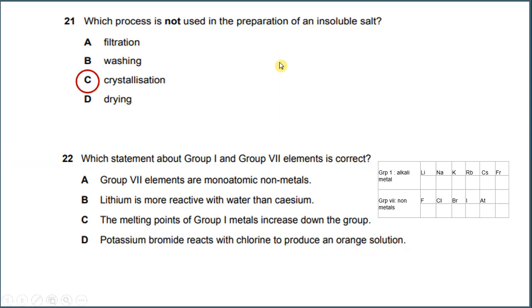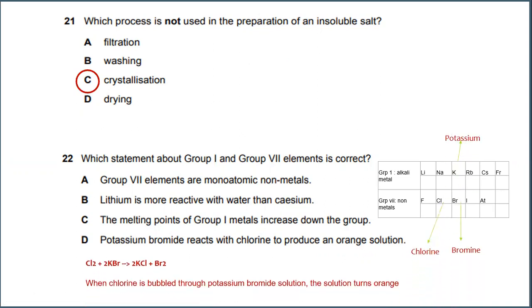Question 22. Which statement about group 1 and group 7 elements is correct? If you look at group 1, the alkali metal, we have potassium, and in group 7, the non-metals, we have bromine and chlorine.